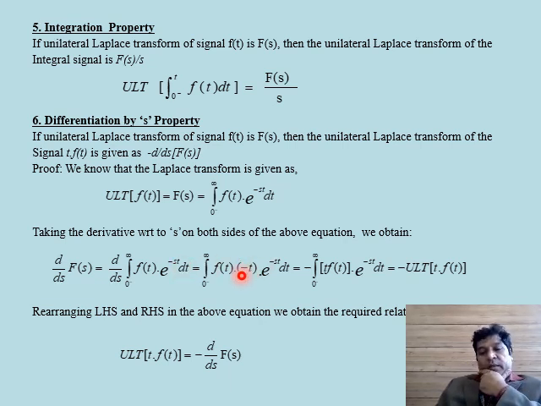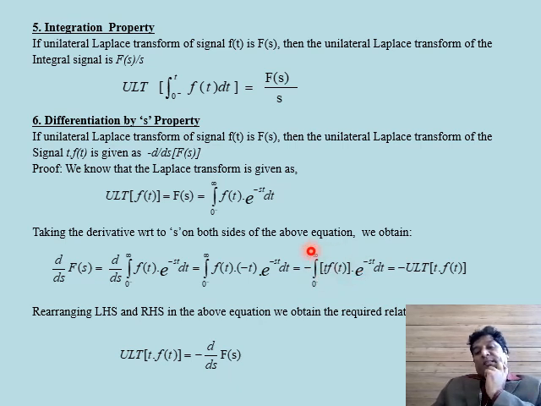You have to be careful of that, because you are taking the derivative with respect to s. So when you take the derivative of e^(-st), you will get e^(-st), and the constant that will come out will be minus t. So now we are going to combine this t and f(t), and then write this e^(-st) dt, and of course we have a minus sign here.